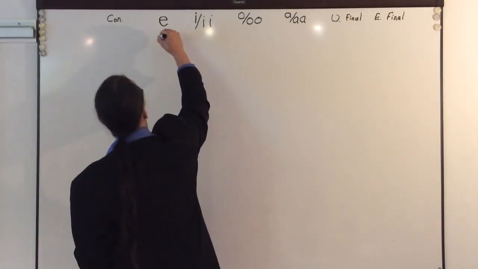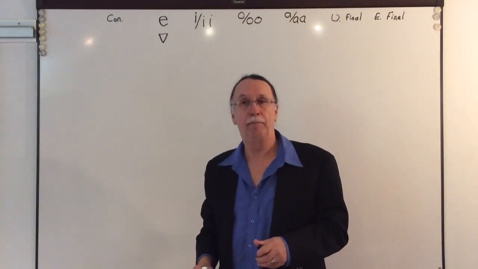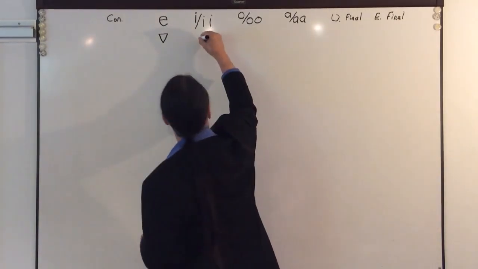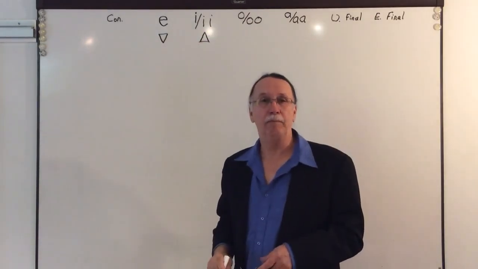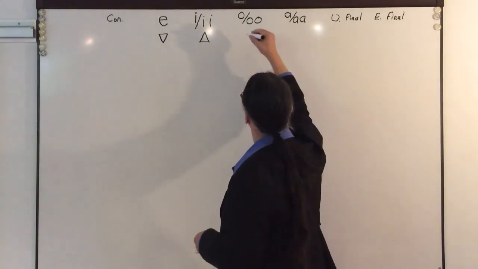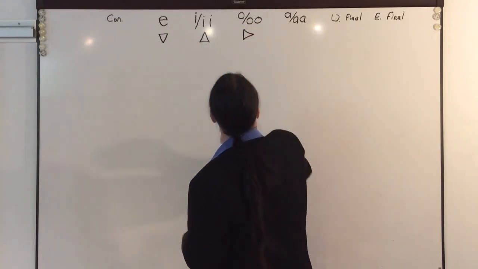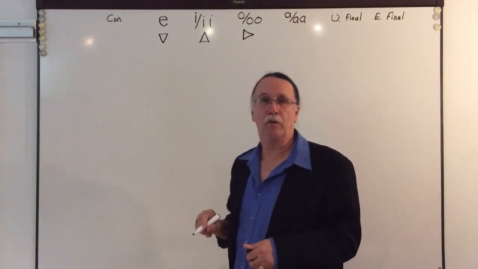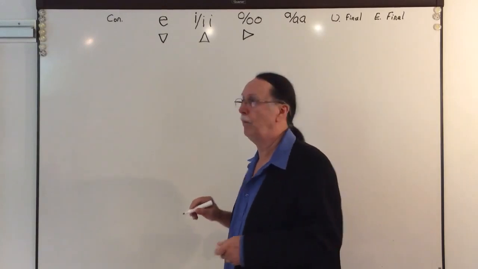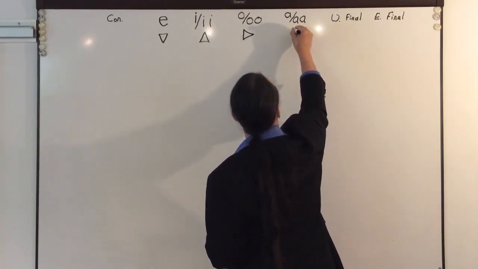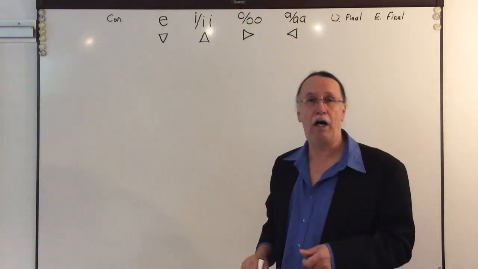The first triangle is going to be pointing downwards, and that's the sound A. The next triangle is pointing upwards, and that's E. The next triangle is going to be pointing to the right, or to the easterly direction, and that's O. And finally, this triangle is pointing to the westerly direction, and that's Ah.